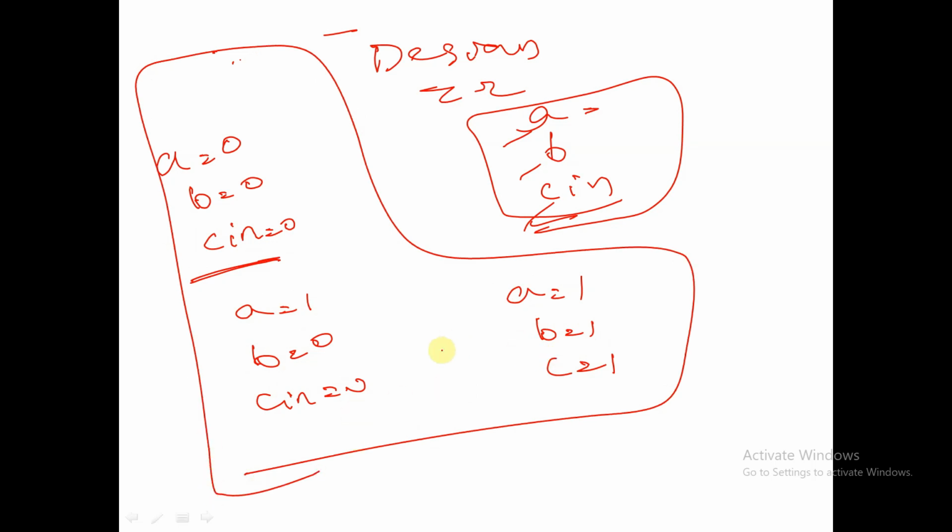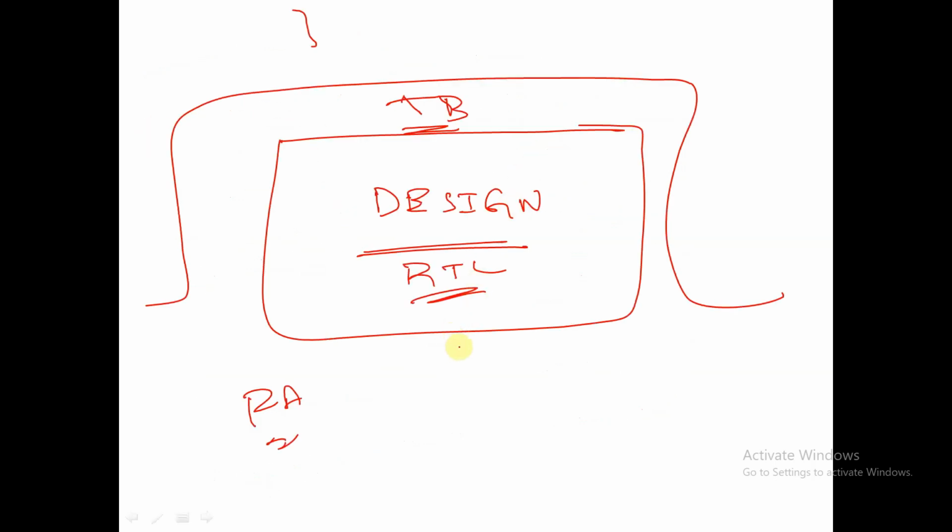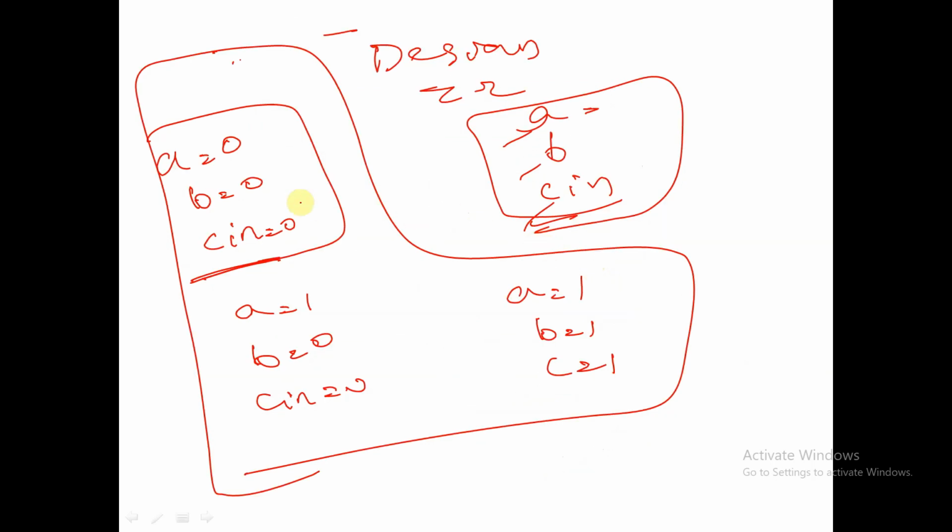We have driven the particular stimuli to our design, captured the output, and analyzed that output. We already know the functionality of this full adder, and we know what happens if we give a equal to 0, b equal to 0, c in equal to 0.